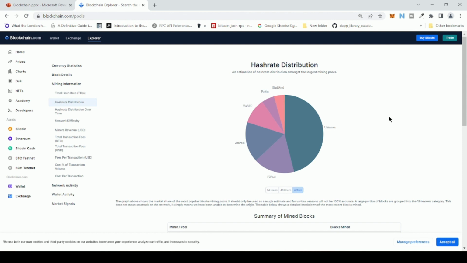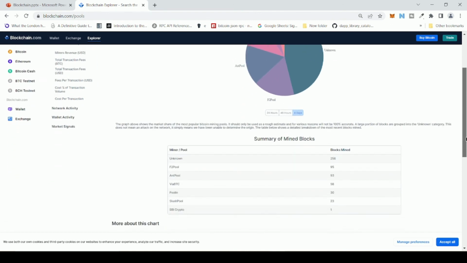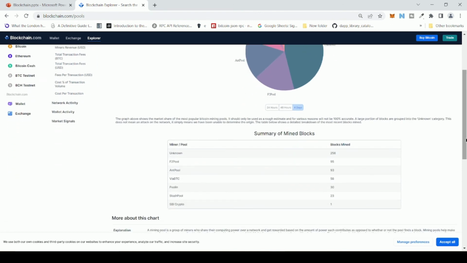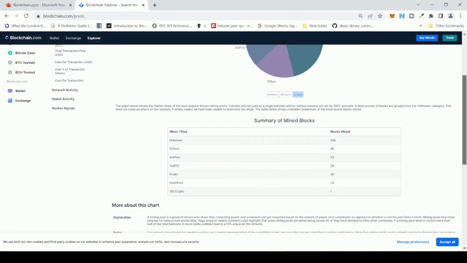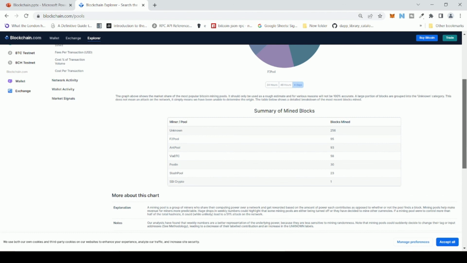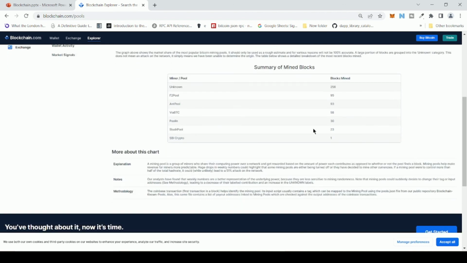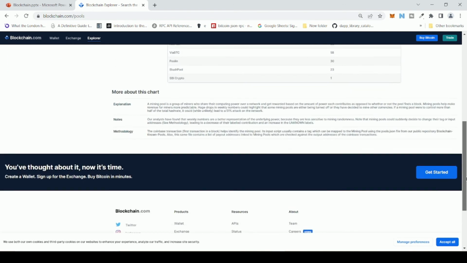So in that way you will get a smaller amount of reward, because there are more people, or more big technology they are using. In that case, they will be given much more reward than you, if you are a small part of this mining pool. So here you can see much more information about it.